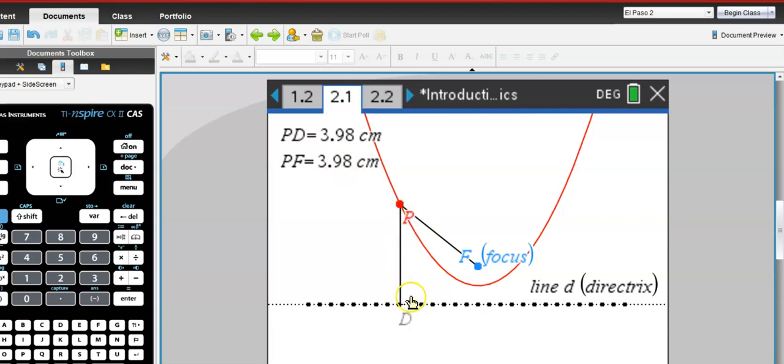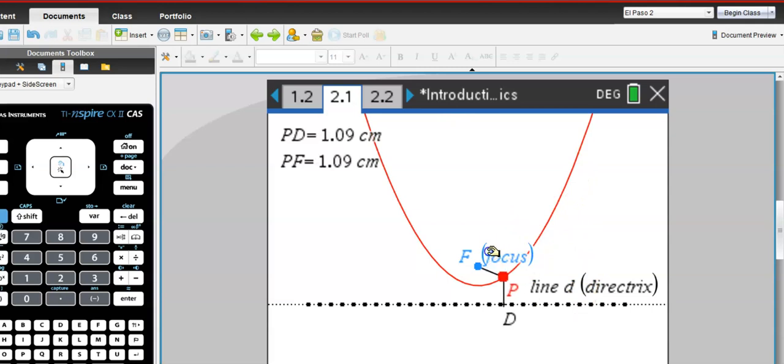You may notice that this line is drawn at a 90-degree angle, and that's also 3.98. It doesn't matter where I put the point. It's always equidistant to the focus and the directrix line. That dotted line down there is the directrix. And here it's 5.44 to there, 5.44. It's exactly the same distance.